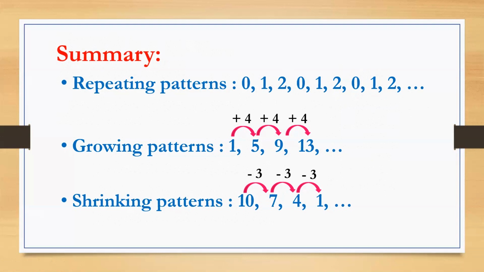Then we have also learned about growing patterns, where we need to add a given number to obtain the next term. We have also learned about shrinking patterns, where we need to subtract a given number to get the next term.